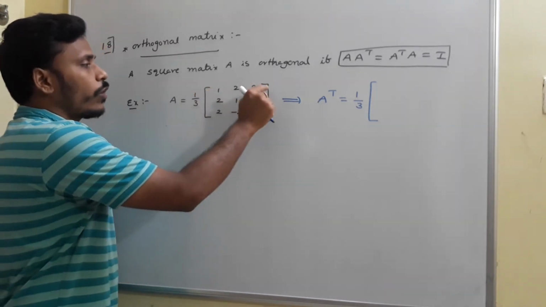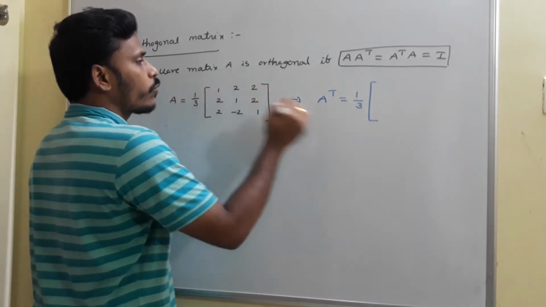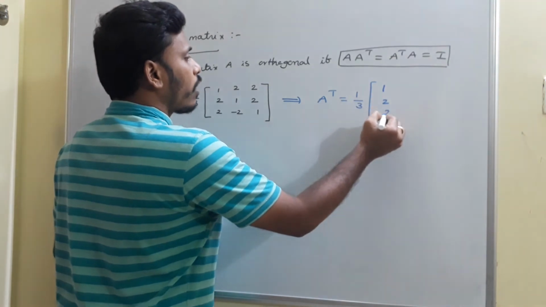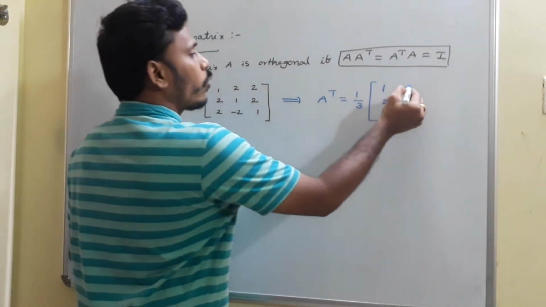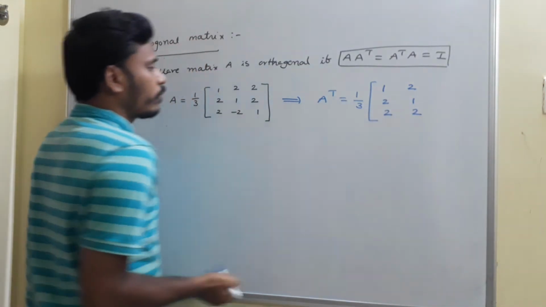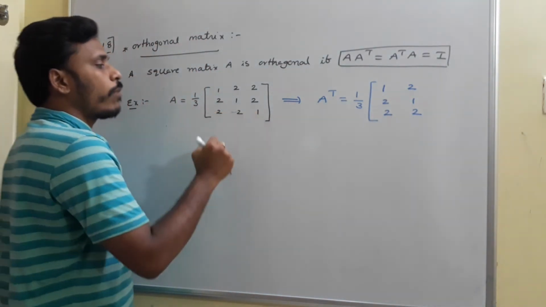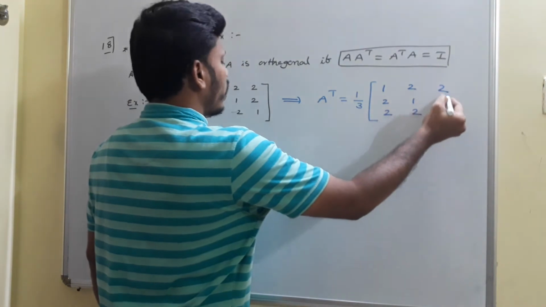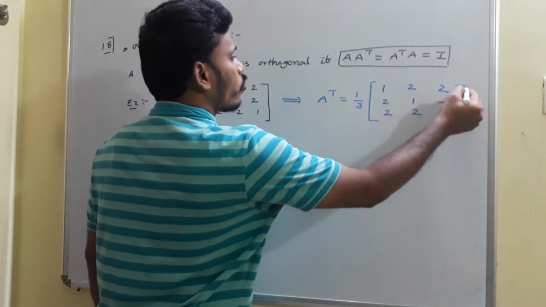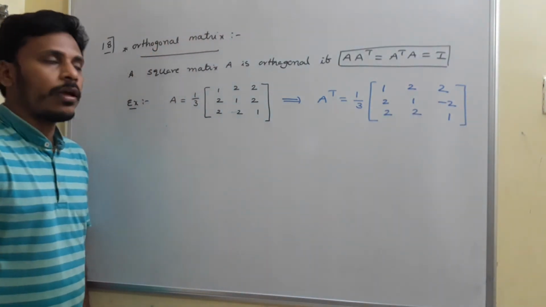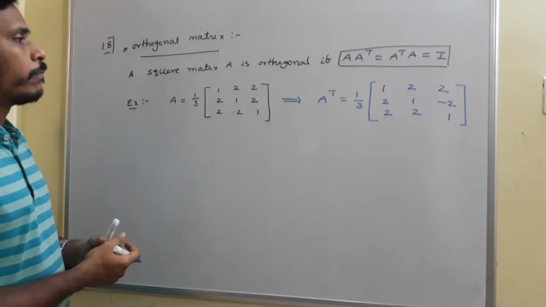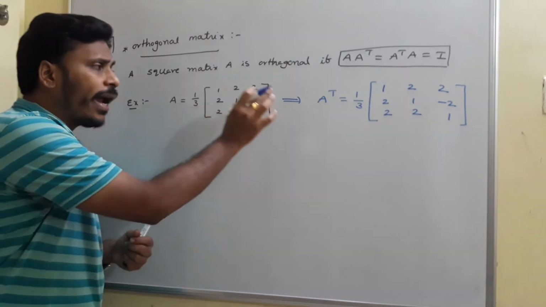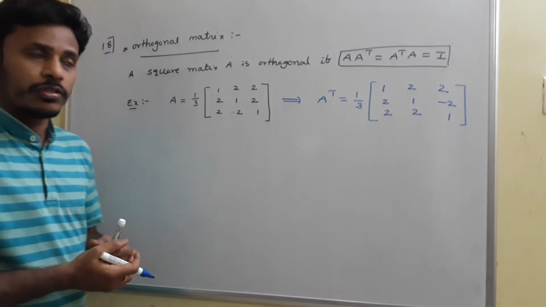The first row is 1 2 2, so the first column is 1 2 2. The second row is 2 1 minus 2, so the second column is 2 1 minus 2. The third row is 2 minus 2 1, so the third column is 2 minus 2 1. That's it. A transpose is simply the interchanging of rows and columns.